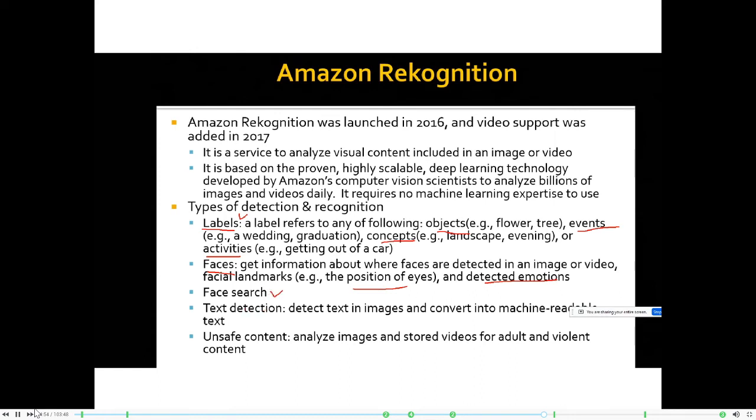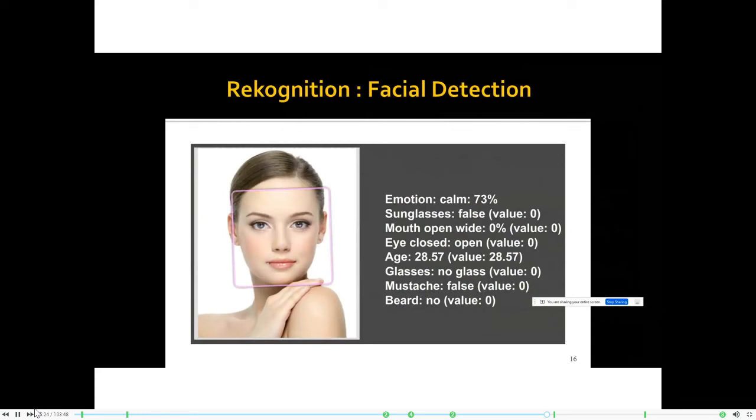Rekognition also allows face search, text detection, and safe content detection. It is a really very powerful service. That's why last week I read an article about how Amazon Rekognition is really widely used in commercial environments.